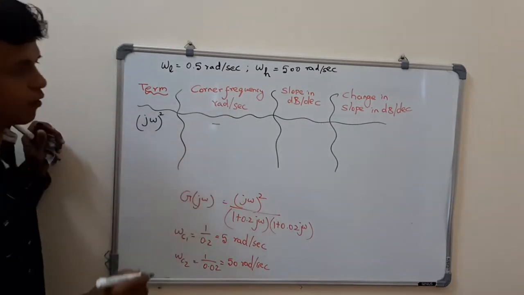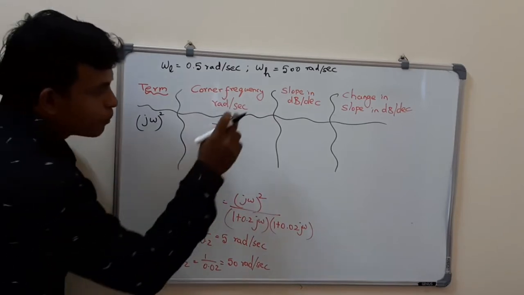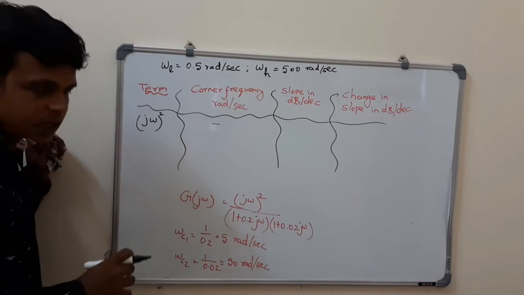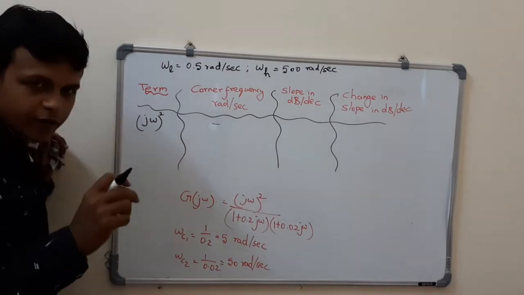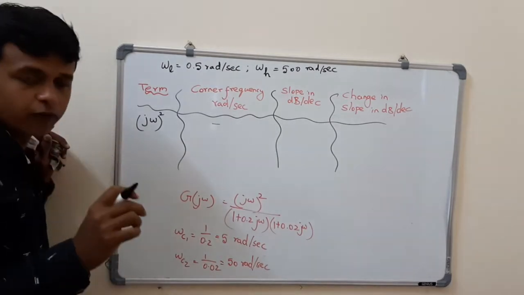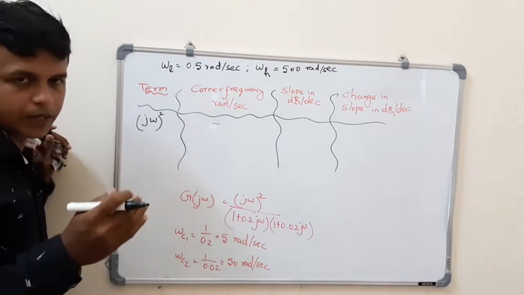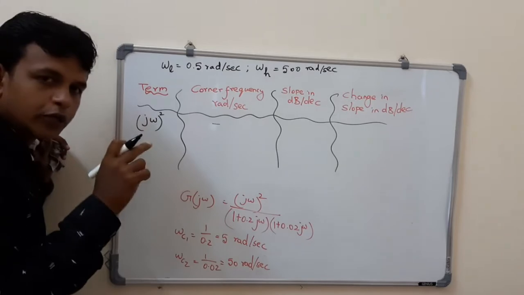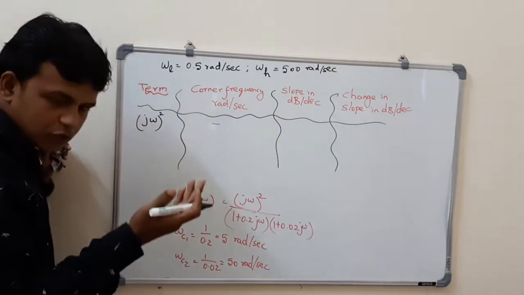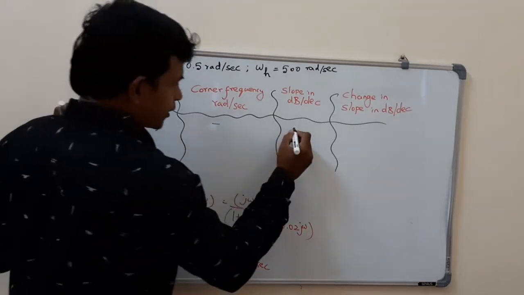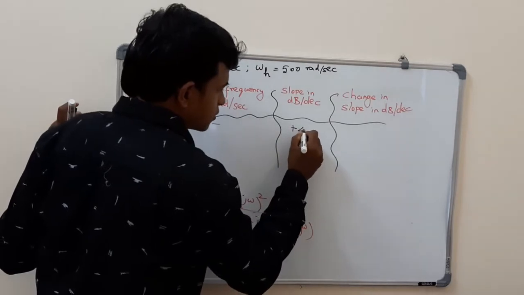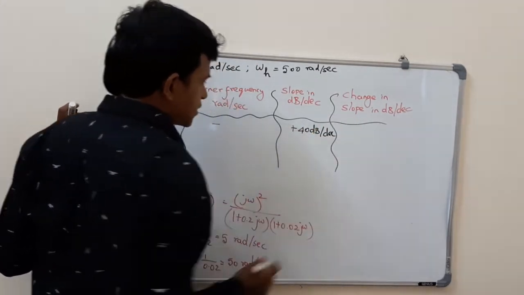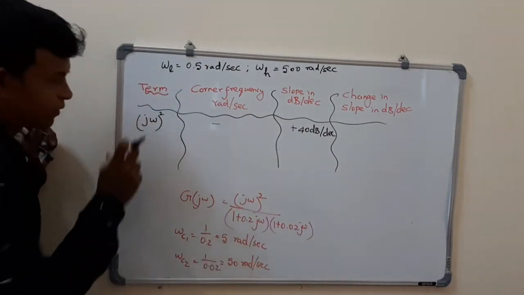The slope provided by this derivative factor j omega square: a derivative factor normally provides a slope of 20 decibel per decade, and since it has a multiplicity of 2, it is 2 into plus 20, so it is plus 40 decibel per decade.